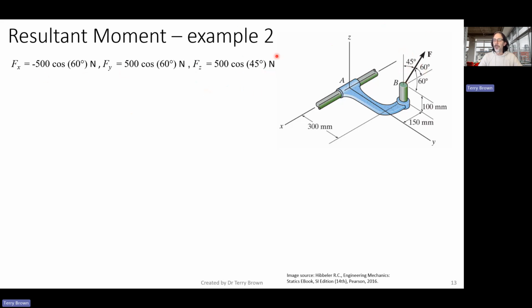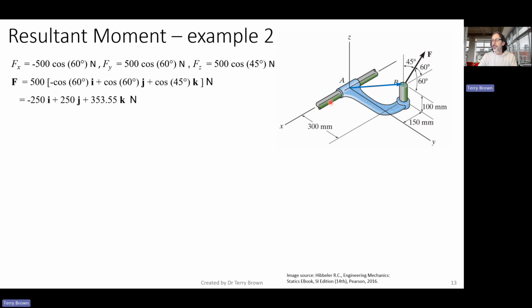Okay, so we just need cos of all of those. So there are our direction cosines, if we do those maths. And then take the 500 out the front and put in our vector notation, ijk, and that's what we get when we do our maths and use our calculators.